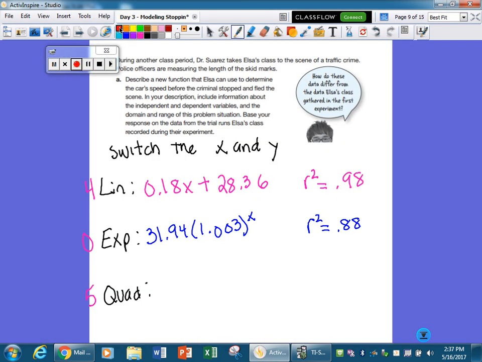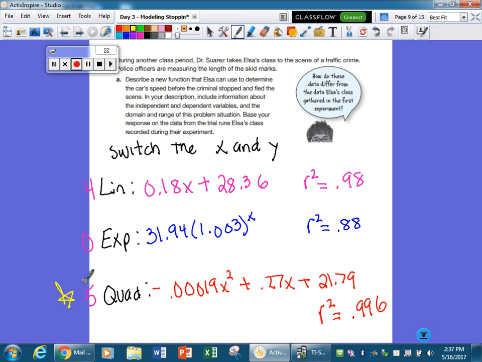So it's going to look like this. Again, feel free to ask us about that one. I know it can look a little weird. Alright, and then here's our quadratic. So you can see which one's the winner. Quadratic is the highest r squared value.